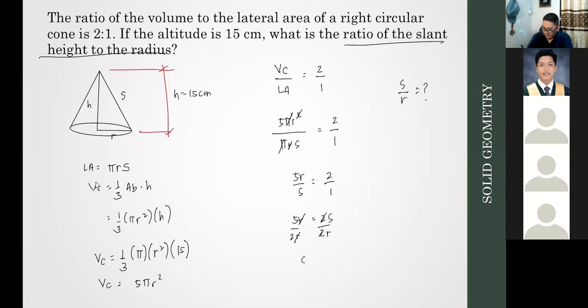We have s over r, which is conveniently what we're looking for, is equal to 2.5. So, meaning the ratio of the slant height to the radius of the given right circular cone is 2.5. Okay?